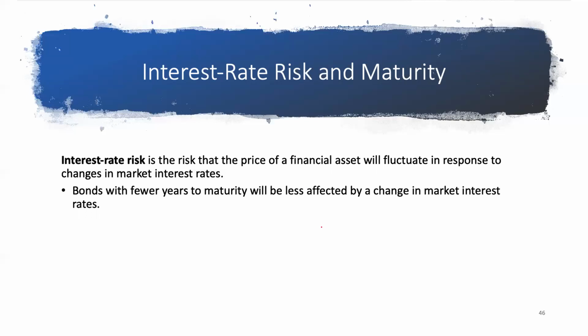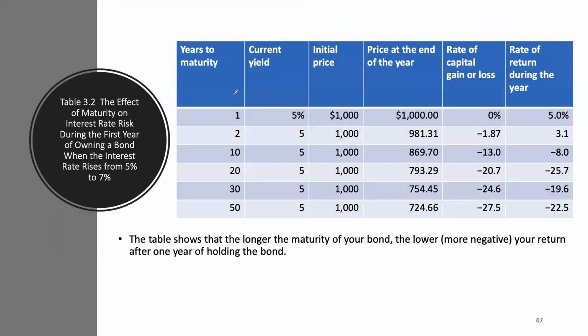To see this in action, here's years to maturity, right? So this is the current yield, and I have all these different scenarios here. Okay, so let's say there are these different bonds. They all have the same current yield, right?